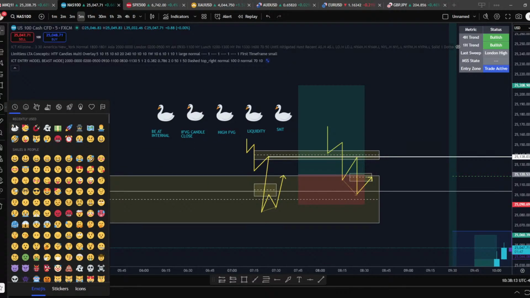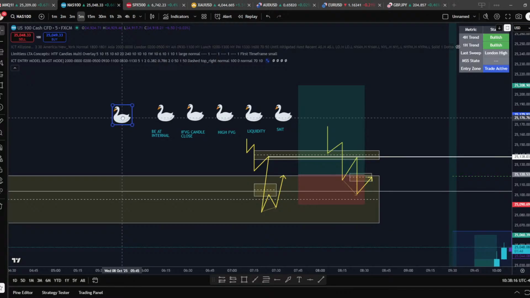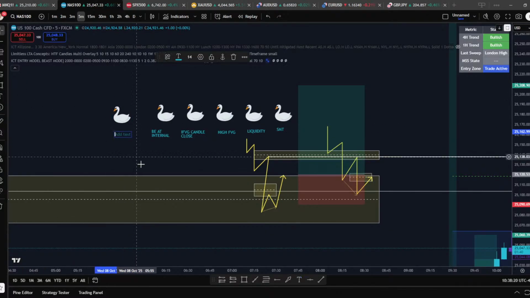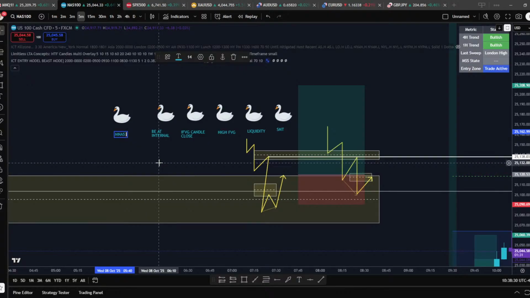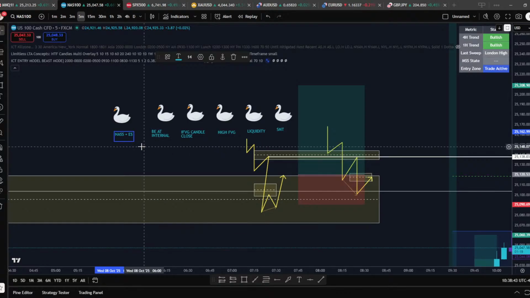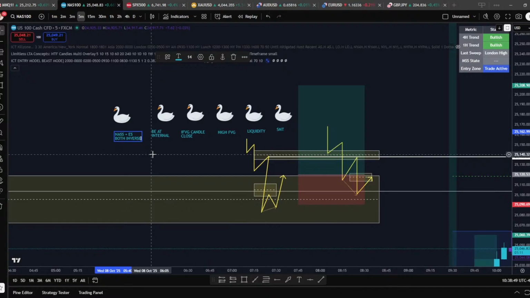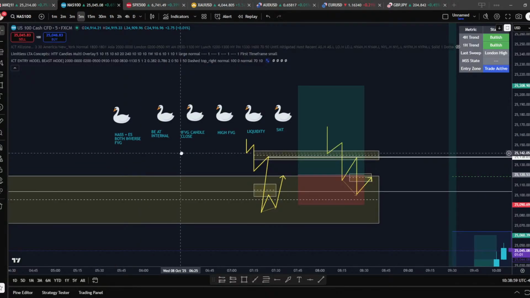And the next duck. Nas plus ES, both inverse fair value gap. Okay.